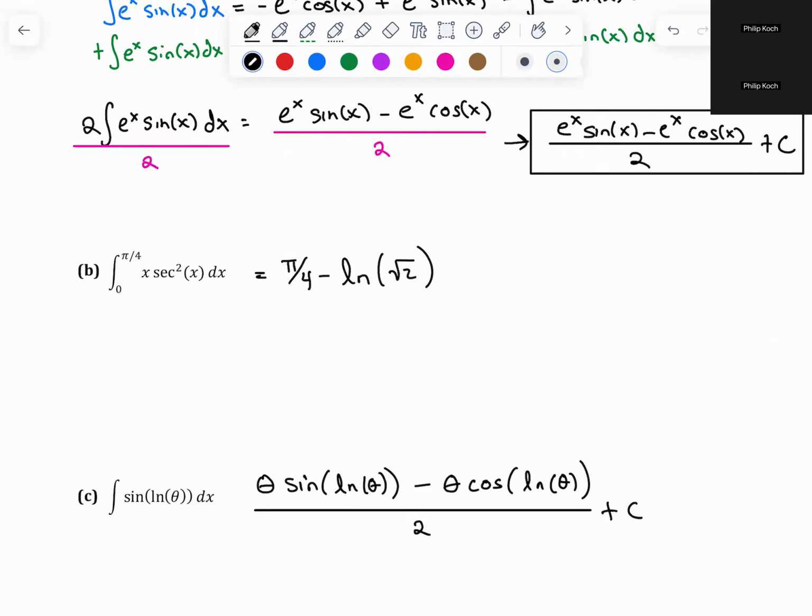And then the last one, I'm going to give you a hint, because that one's tricky. We'll get it set up for the last minute and a half or so. Hopefully you can see that part C is probably going to be solved similarly to part A.